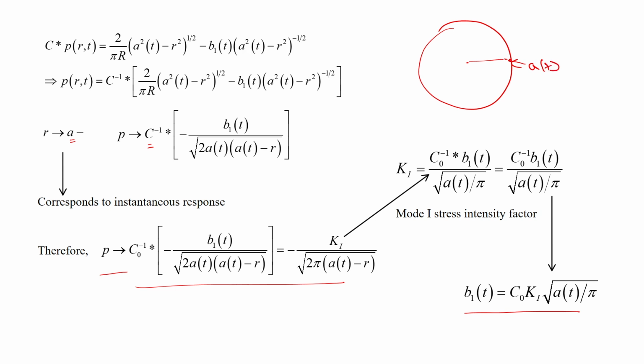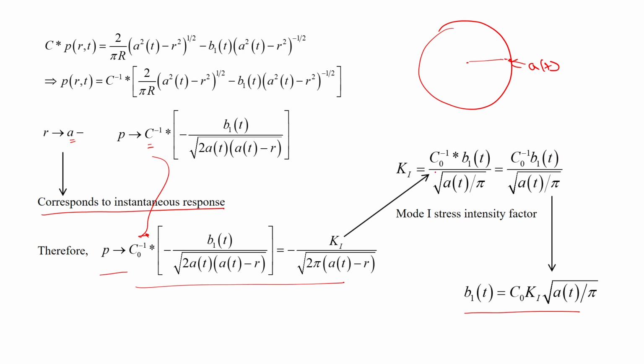So therefore it is always instantaneous. So this R to A corresponds to instantaneous response. As a result this C can be replaced by C0 inverse, okay. So this is actually at the contact point, that's why. So that is actually instantaneous, therefore it is C0.